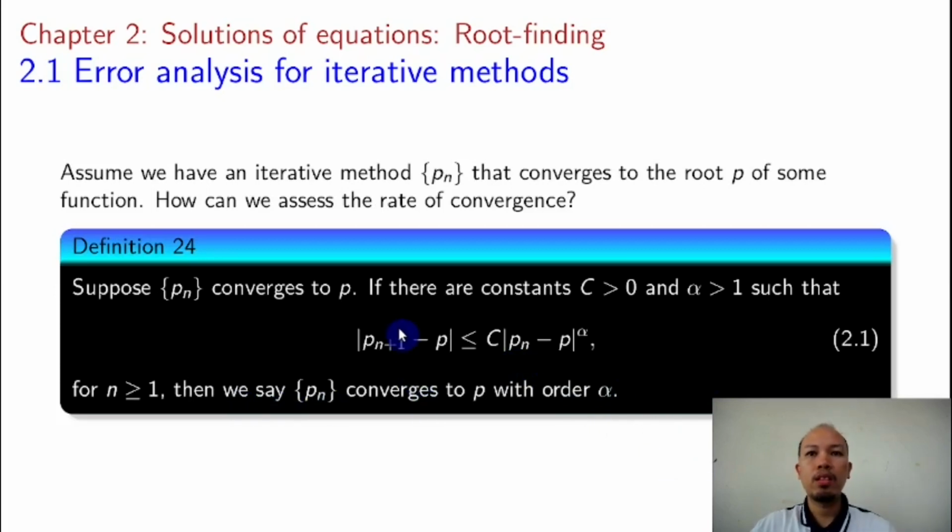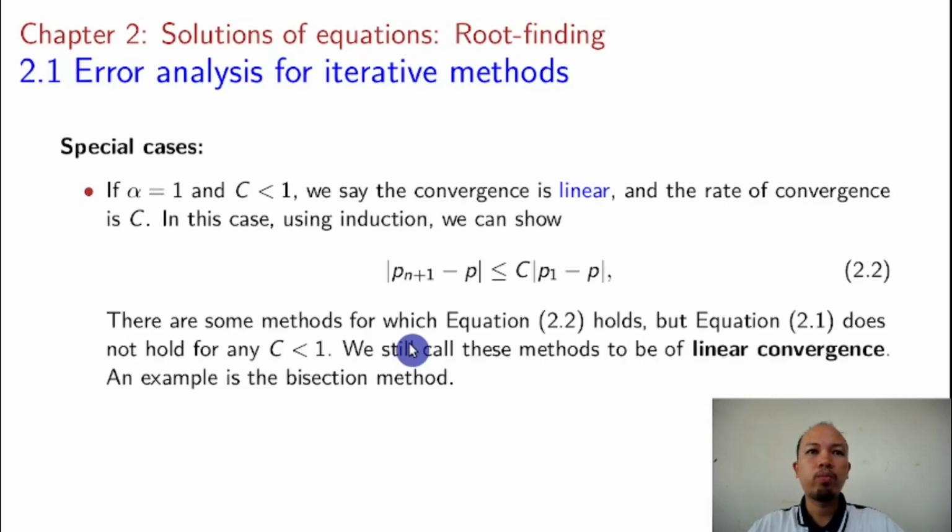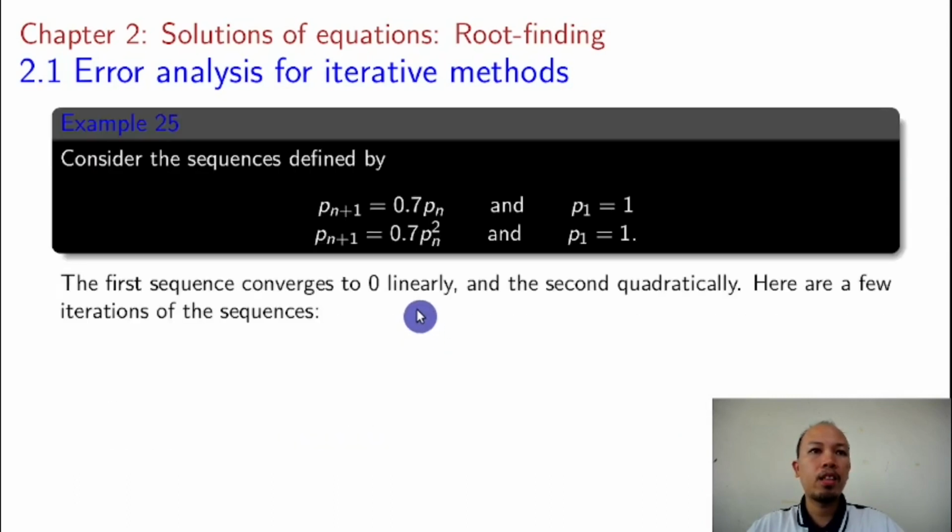It says here in example 25 that the first sequence converges to 0 linearly, so our alpha is 1, but the second sequence converges quadratically. As you can see in the given, this is raised to the power of 1 and this is raised to the power of 2.